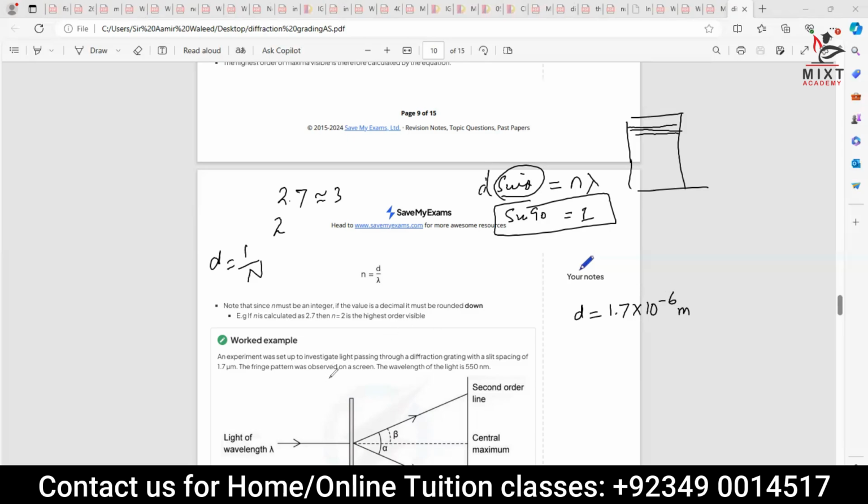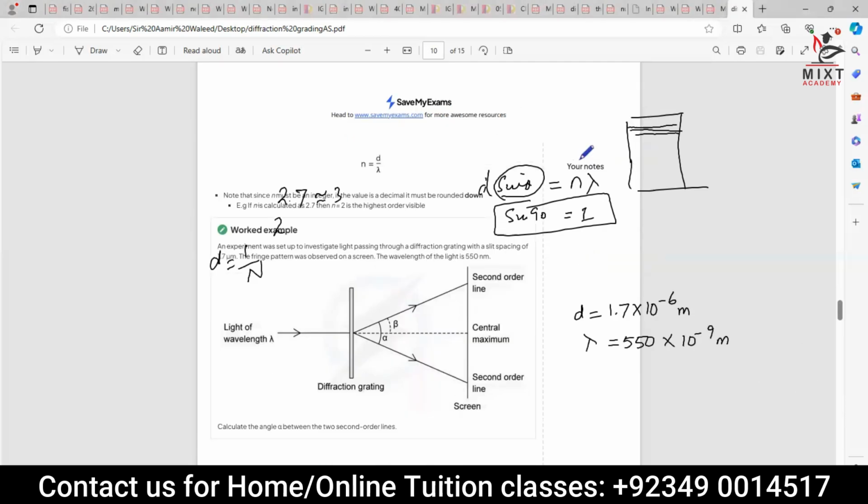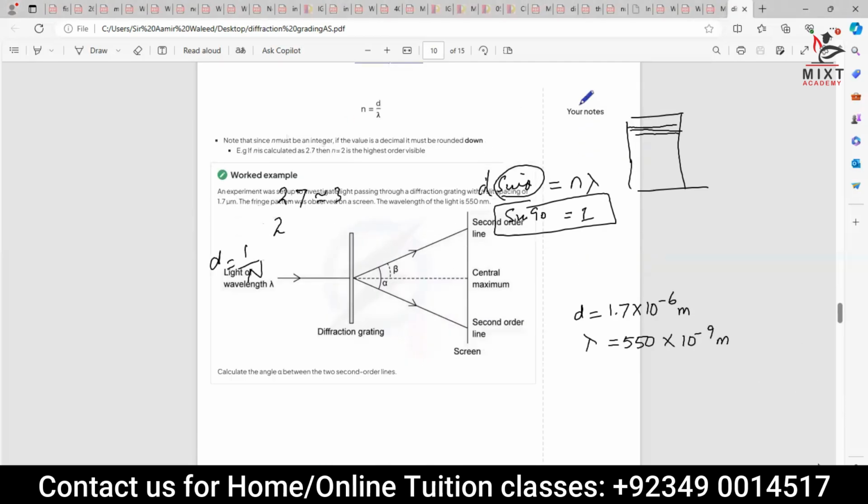And the fringe pattern was observed on the screen. The wavelength is given as 550 into 10 raised to the power minus 9 meters. This is the diagram they have just shown. They say calculate the angle alpha between the two second order lines.